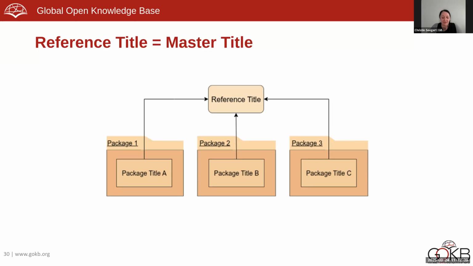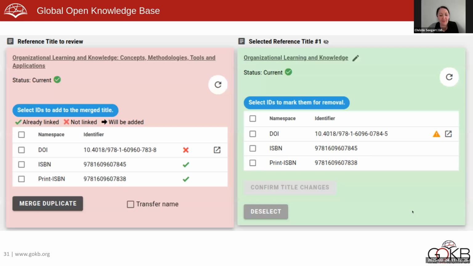In GOKB, information from individual package titles, such as identifiers or the title names, are collected in a kind of master title, and we call this reference title. When importing data, conflicts can arise, and that is what we are seeing here.